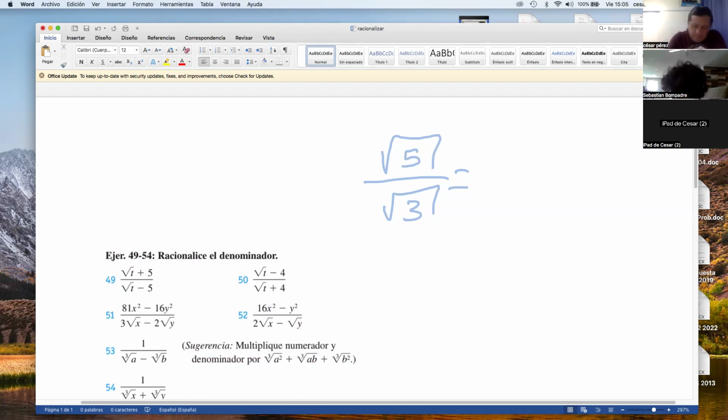Like the square root of 3 over the square root of 3. And this is the answer. This is easy.